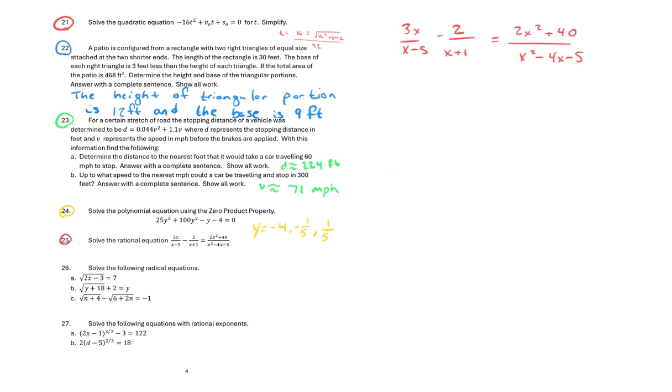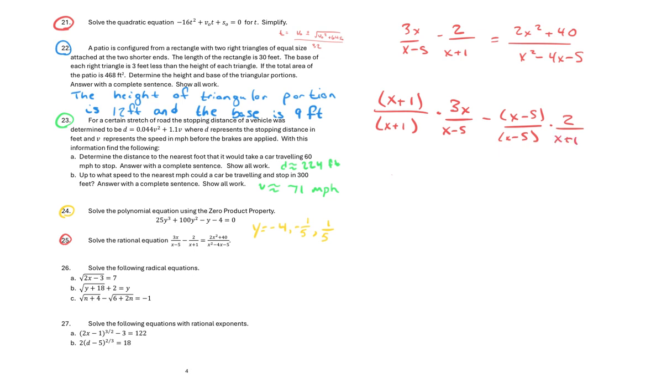So on the left side, I'm going to multiply the first term by x plus 1 over x plus 1 into 3x over x minus 5. And then on the second one, I'm going to multiply by x minus 5 over x minus 5 times 2 over x plus 1.